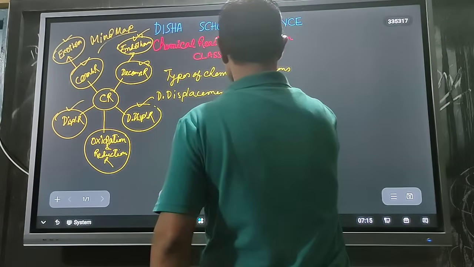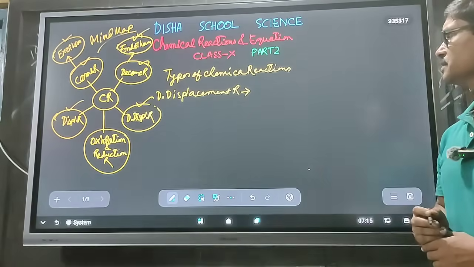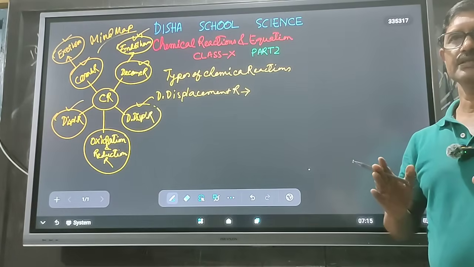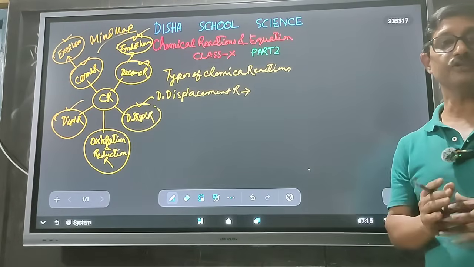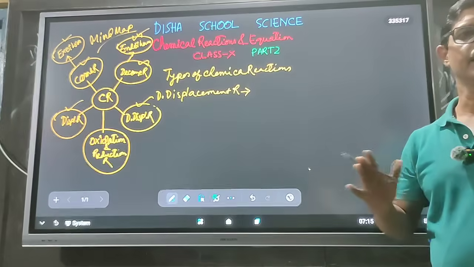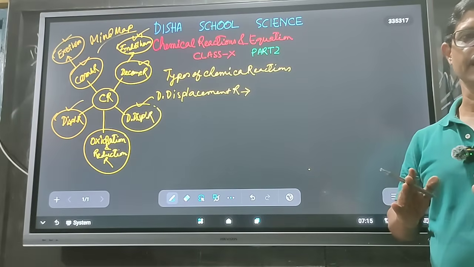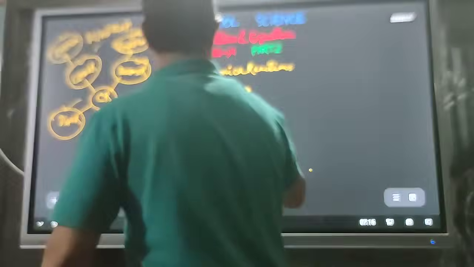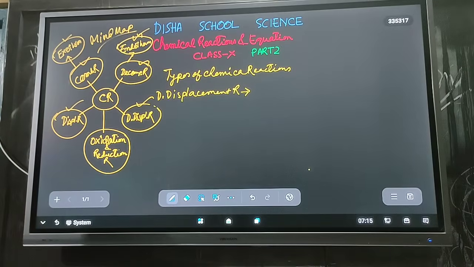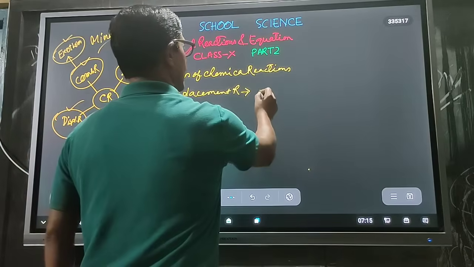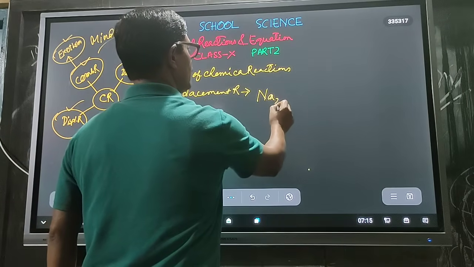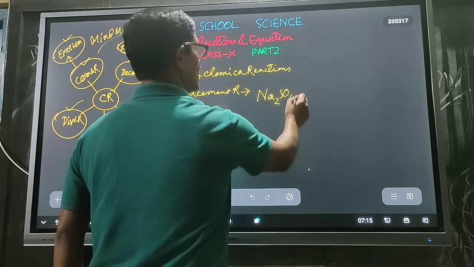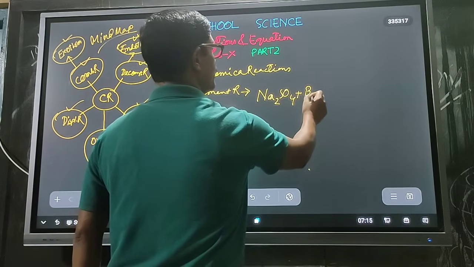So, in case of double displacement reaction, there will be exchange of ions between the metal parts. For example, this double displacement reaction, as given in your book: sodium sulfate plus barium chloride.